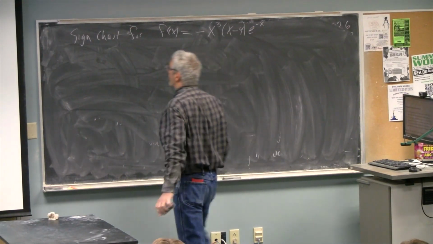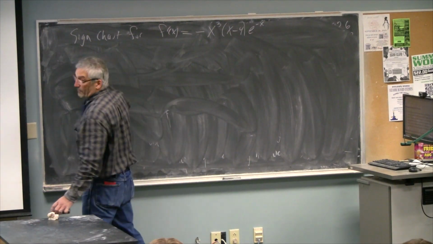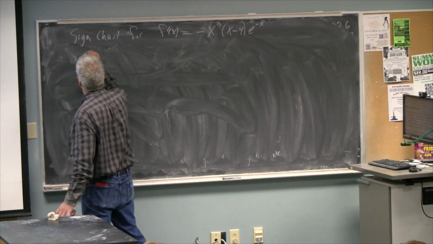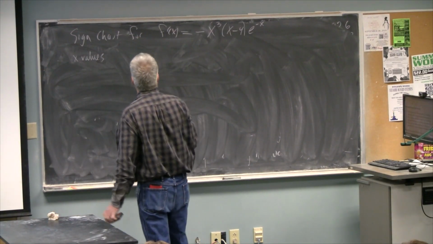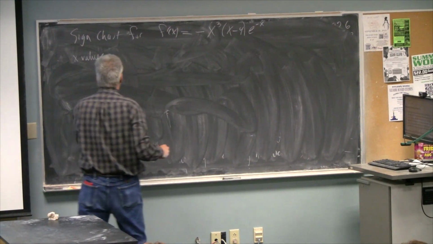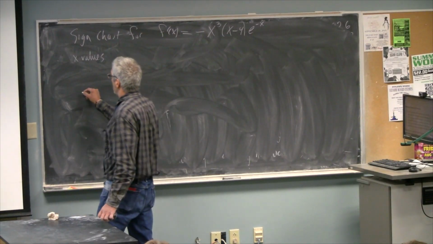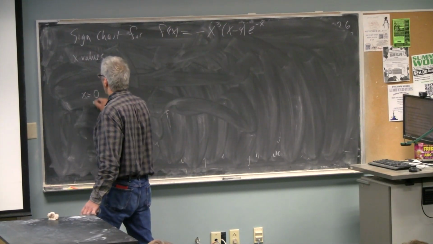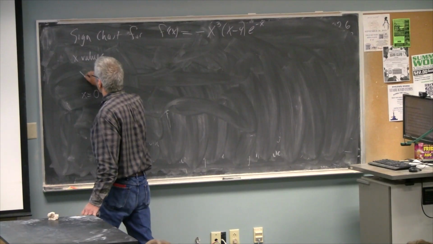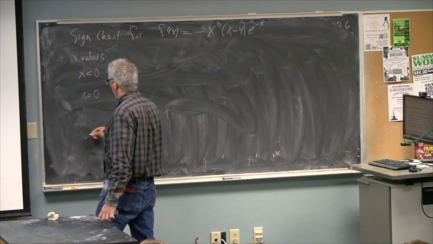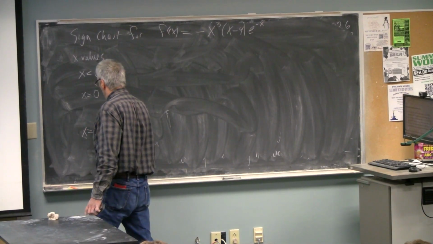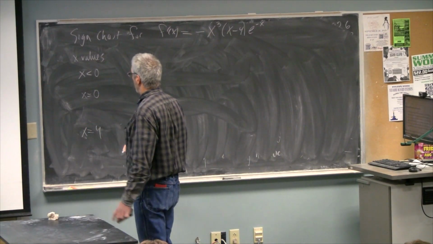Well, I make a sign chart by making a column for the x values. And let's see, my important x values are going to be certainly x equals 0. I'm going to put that in the second row. In the first row, I'm going to have x's that are less than 0. And then I'm going to skip a row, and I'm going to have x equals 4 on the 4th row.